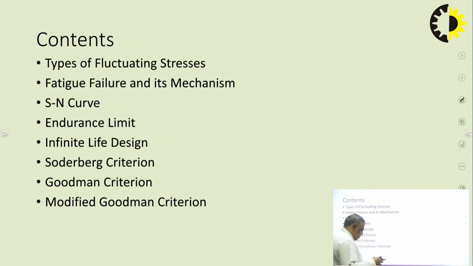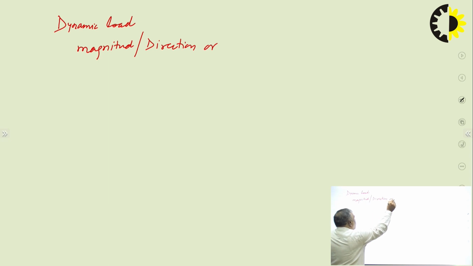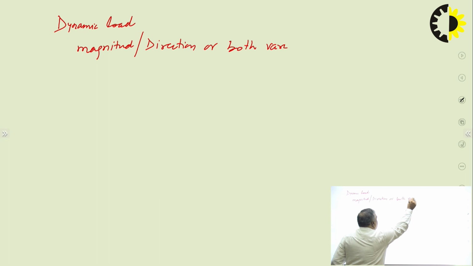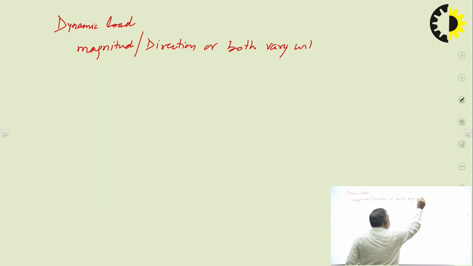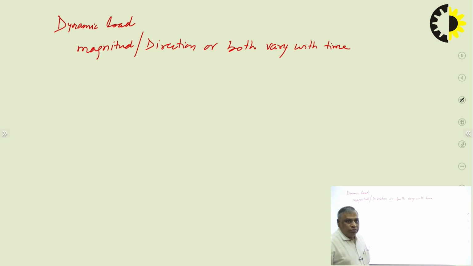So what is dynamic load? We should first understand what is dynamic load. Dynamic load: either magnitude or direction or both vary with time, it is considered as dynamic load, right?